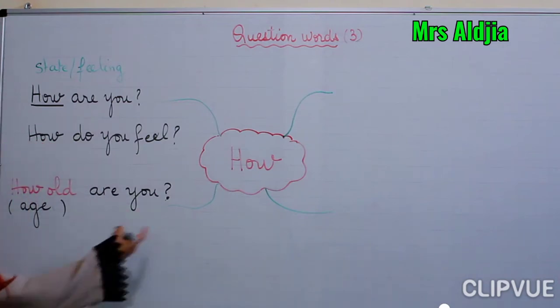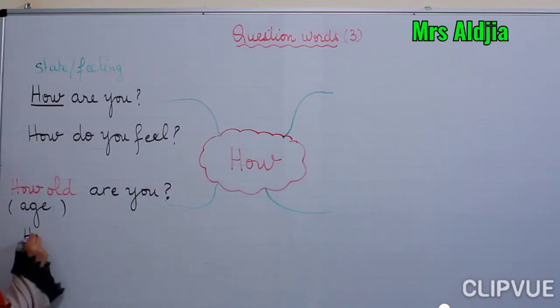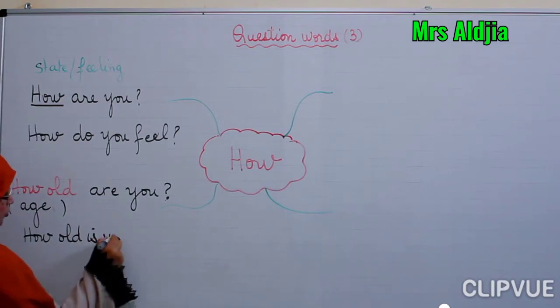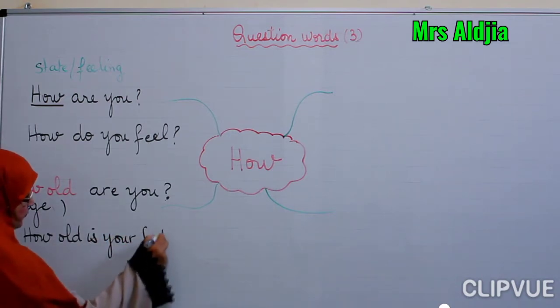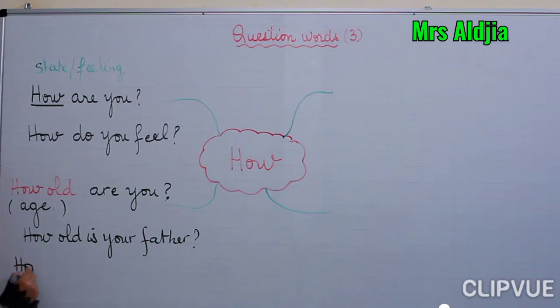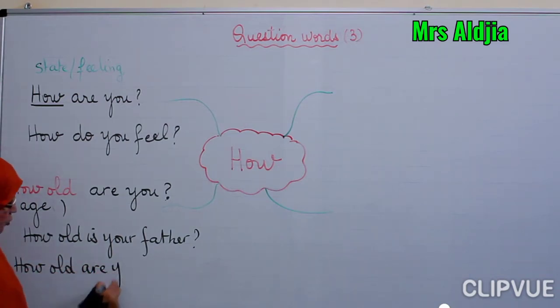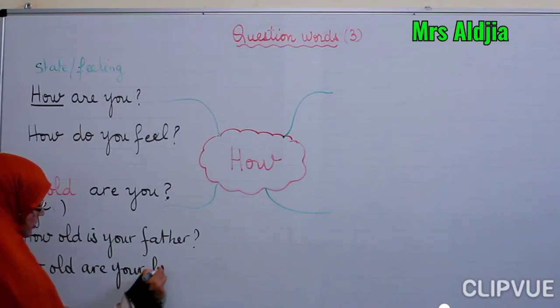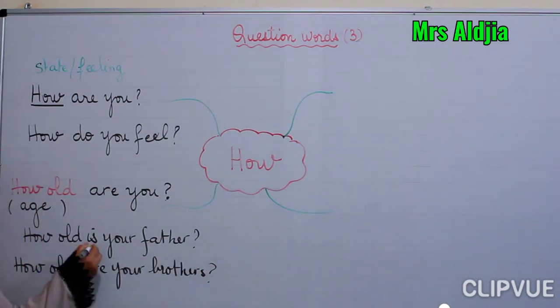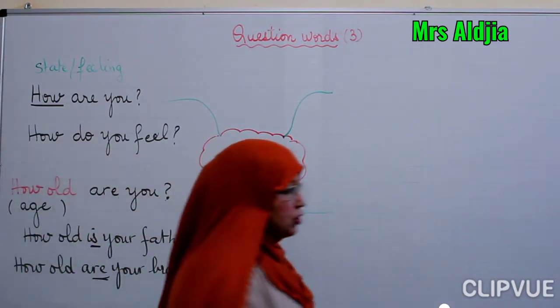For example, how old is your father? For example, we can say, how old are your brothers? So we can use the singular form or plural form with how old.